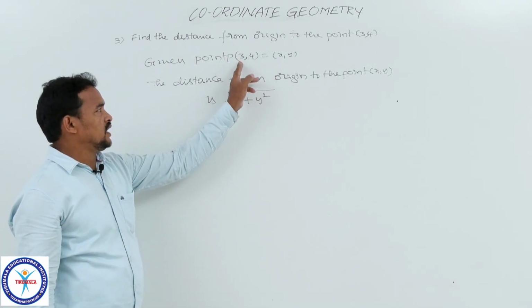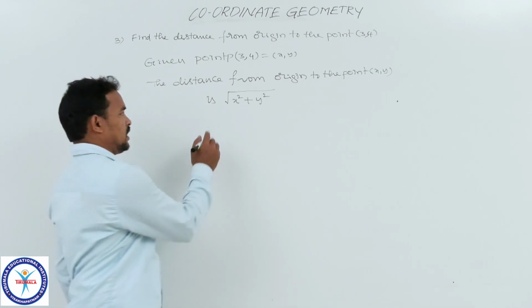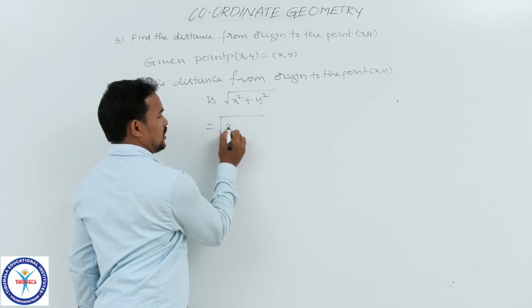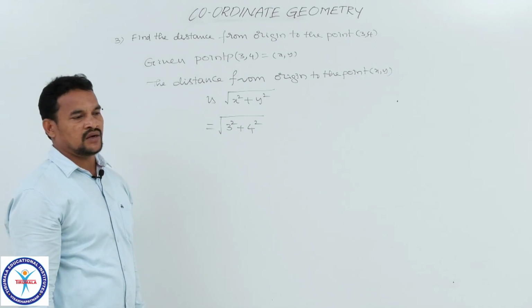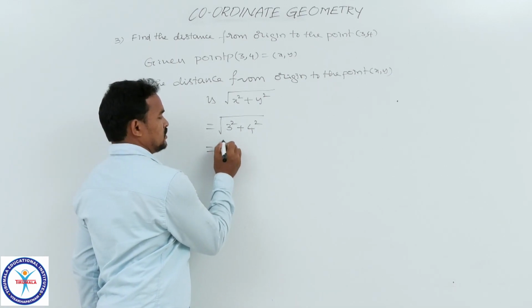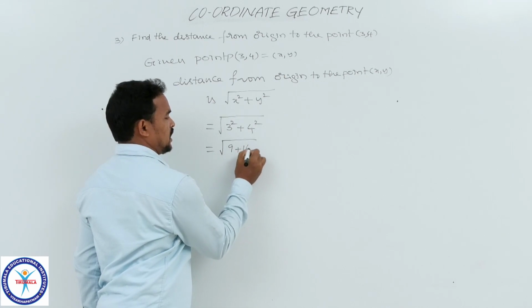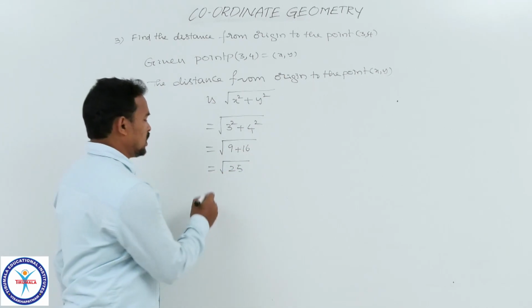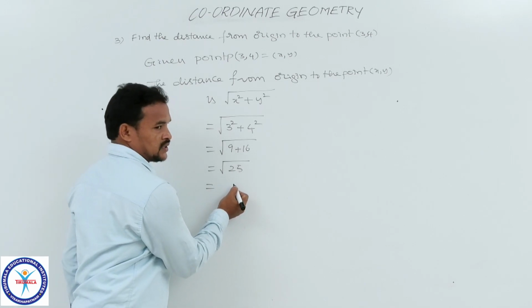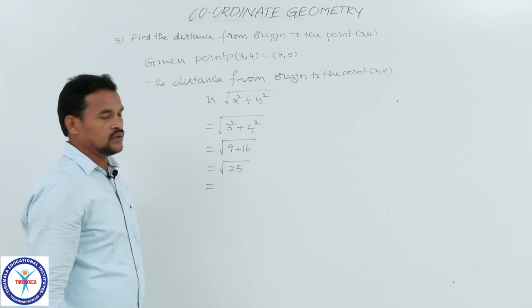Here x value is 3 and y value is 4. Substitute here, root over 3 square plus 4 square. 3 square is nothing but 9, 4 square is nothing but 16. 9 plus 16 is root over 25. Root over 25 means again plus or minus 5, but distance is never negative, so it is 5.